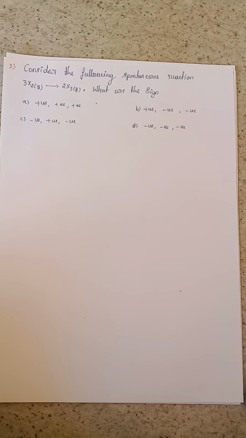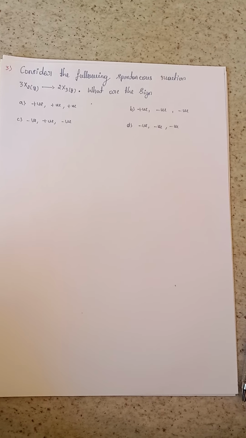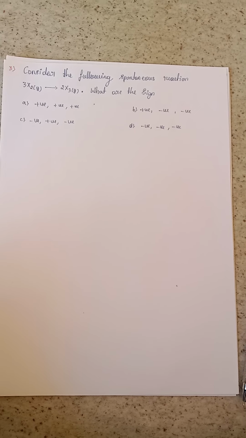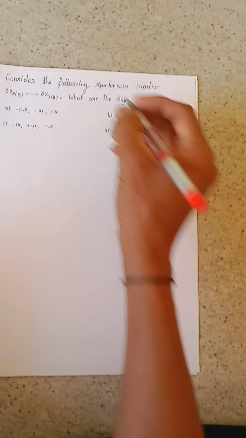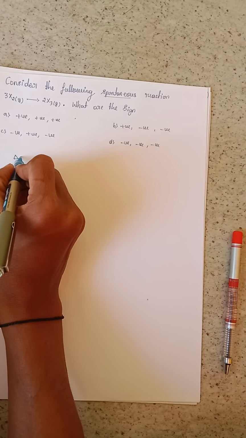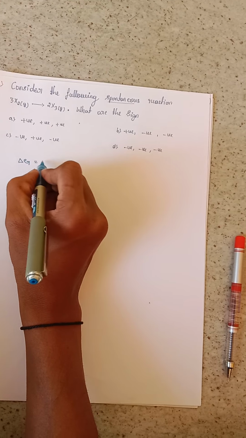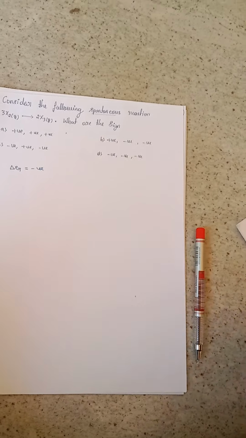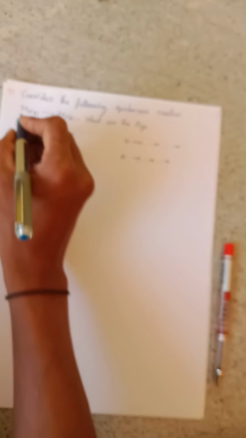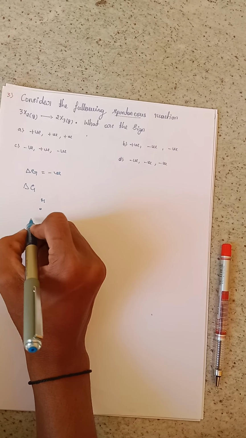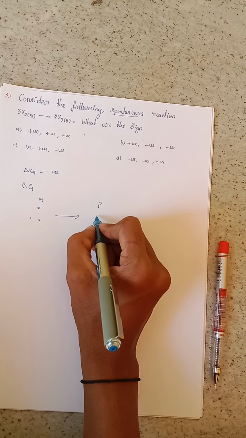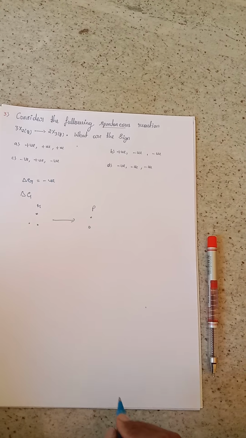Okay, now the third question. Consider the following spontaneous reaction: 3X2 molecules give 2X3 gas molecules. What are the signs? In a spontaneous reaction you can easily write delta G is negative, and delta S: in the reactant there are 3 X2 molecules, and in the product 2 X3 molecules.